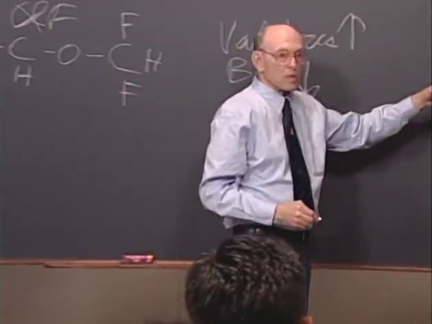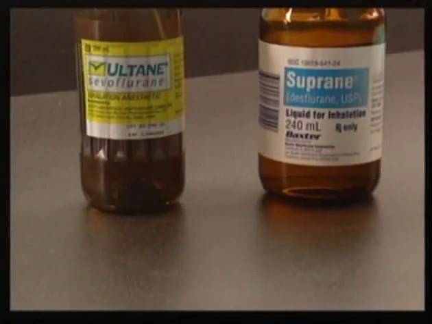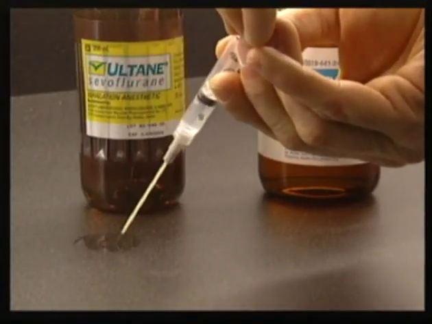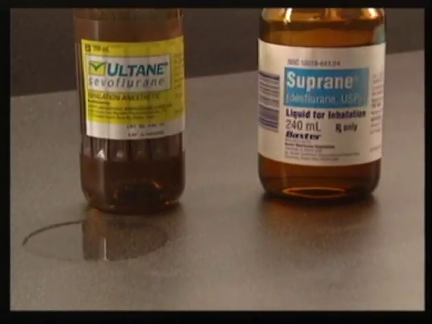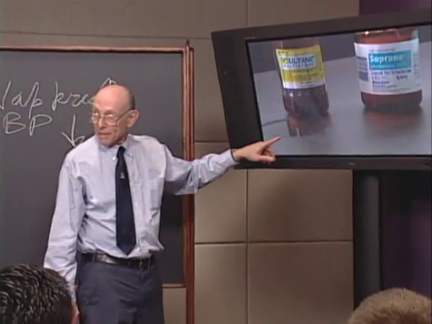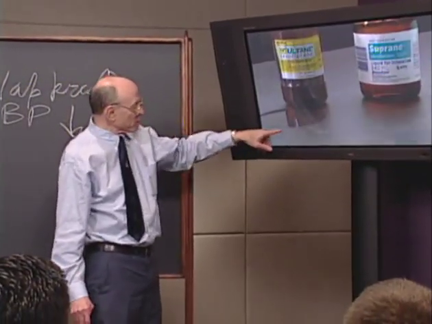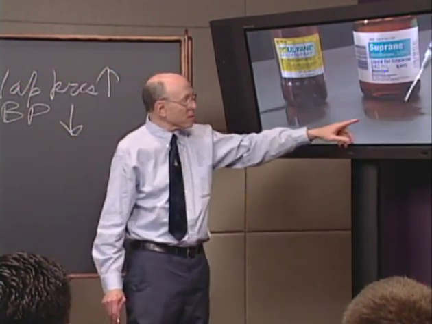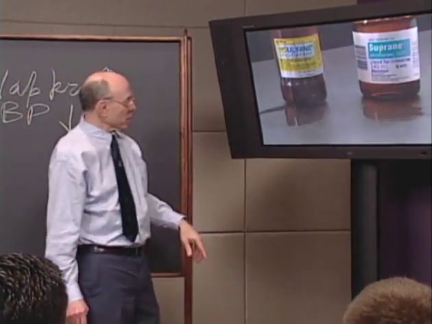And we've got an illustration of that, which we'll see on this plasma screen. So we've got sevoflurane, and we've got Suprane. And that's Quinn's hand, injecting some sevoflurane right on the tabletop there. And now he's injecting some desflurane. Watch the difference between these two.